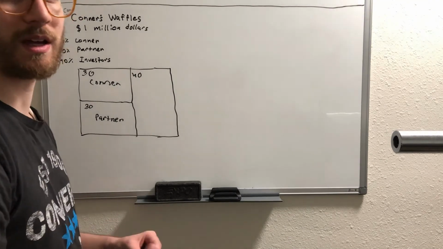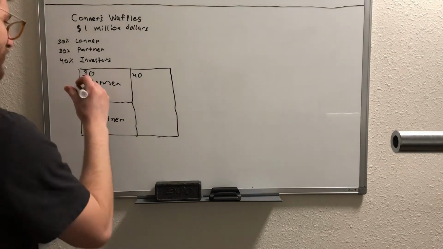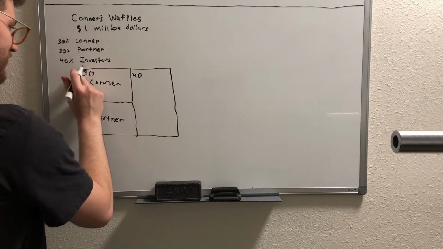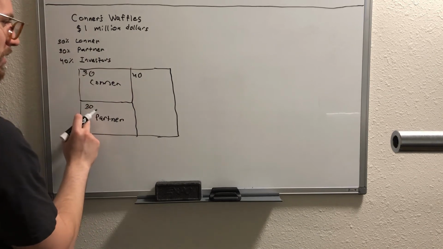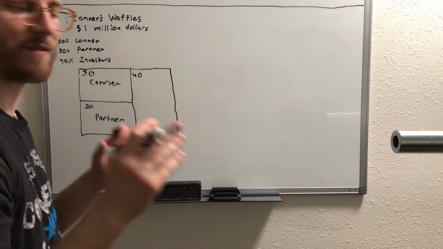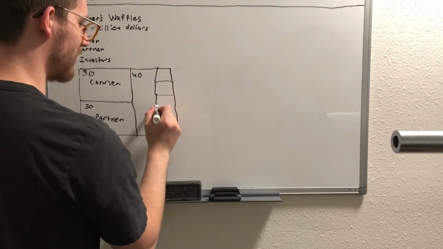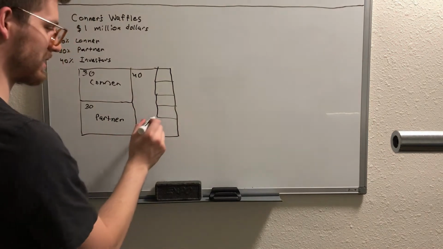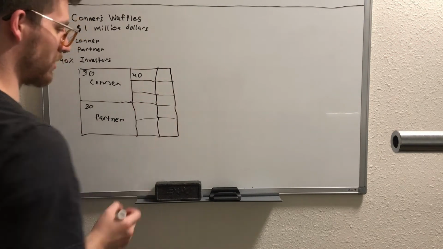So what I can do is what's called going public. I own 30% of this company, so I have the rights to 30% of the profits. Same with my partner. That 40% we purposely left blank so that other people could come in and buy pieces of our company, so that they could have the rights to some of the profits and also have voting rights to be able to vote on what we do.